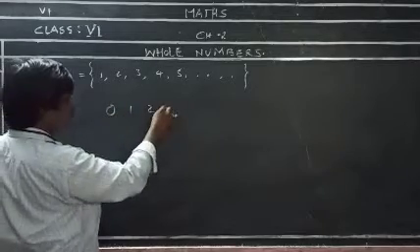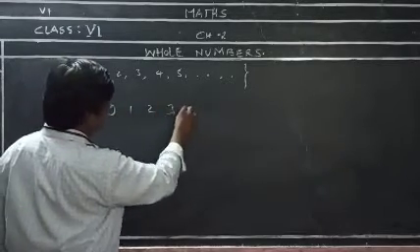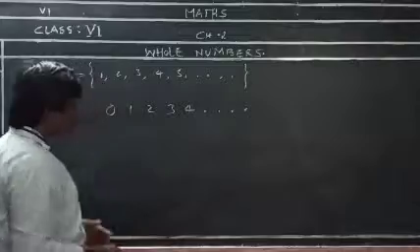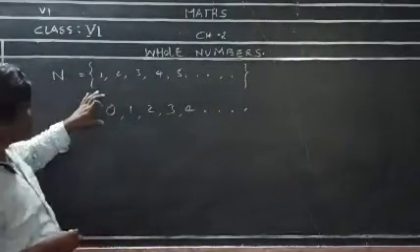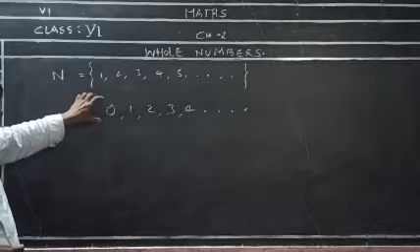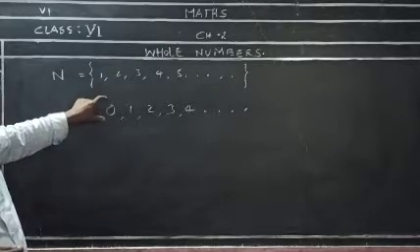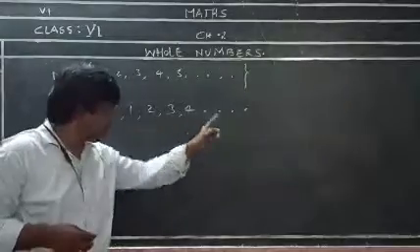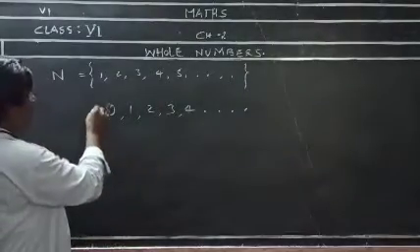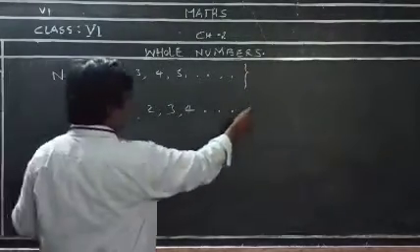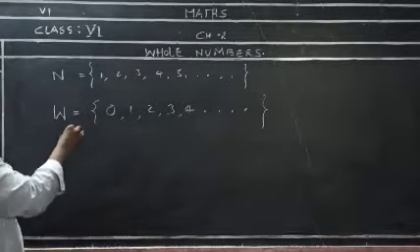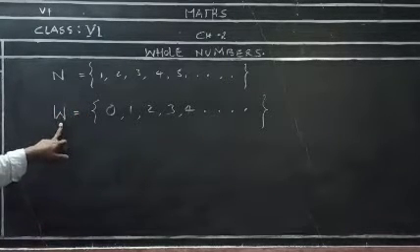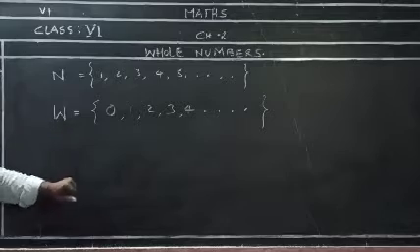Its successor is 2, its successor is 3, its successor is 4. So here we have 0 also as a digit. Whenever we take 0 also along with the natural numbers, this whole thing is considered as whole numbers. The set of whole numbers is denoted with the capital letter W.